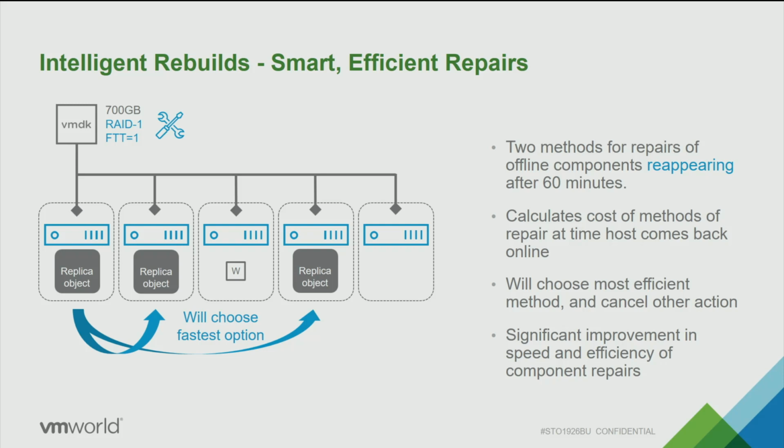If the host comes back up after that 60-minute window where the rebuild has kicked off, it's going to look at which option is going to be faster, just updating the data that was on the host that went down, or completing the resynchronization process. So again, this is really about reducing the amount of resynchronization in the first place, which is going to benefit ultimately all of your VMs and reduce the amount of east-west traffic that is running across your network.